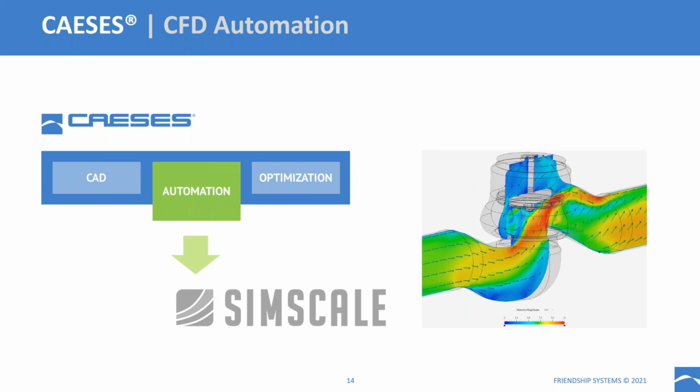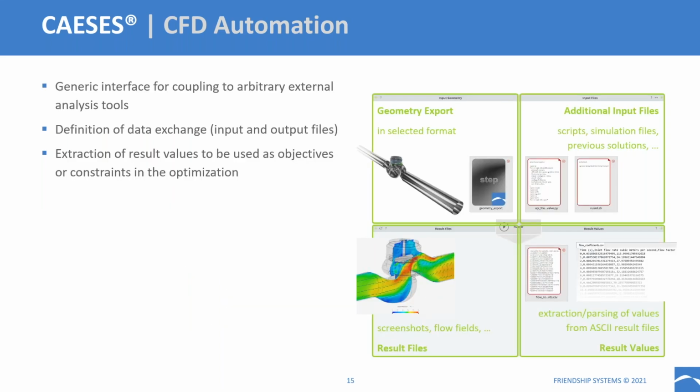Okay, this concludes the geometry modeling part, and we can move over to the next block, which is the automation of our external simulation tool, obviously SimScale in this case, to simulate our valve geometry.